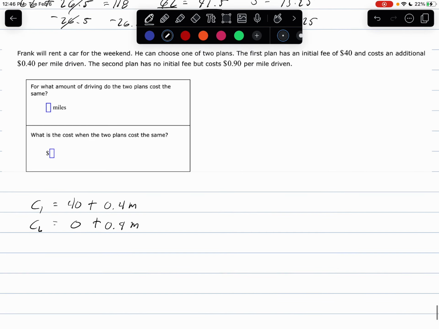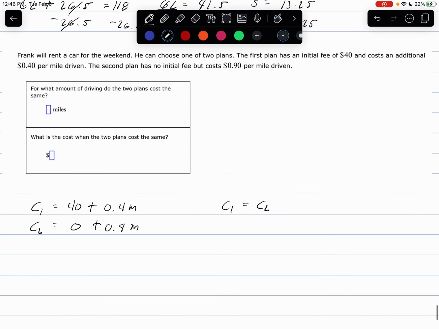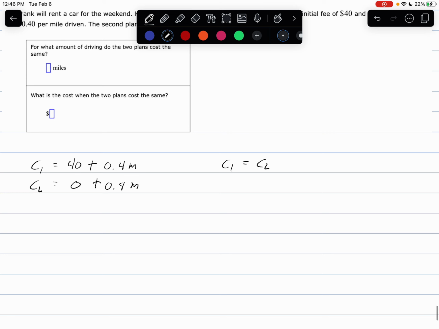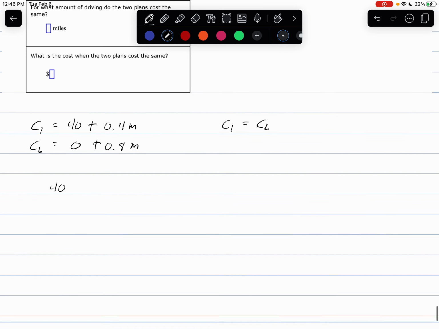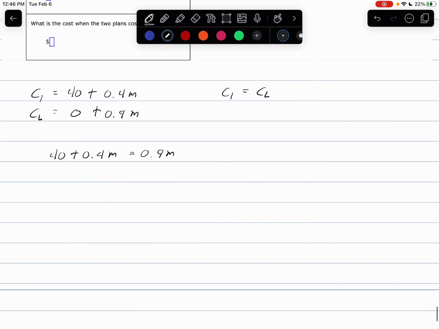So what we would do is let's actually just set C1, cost 1, equal to cost 2, because that's what we're trying to do. We're trying to find out when C1 is equal to C2. So this is going to give us 40 plus 0.4 m is equal to 0 plus 0.9, or we just have 0.9 m. Okay, and now what we're going to do is we're going to solve for m.